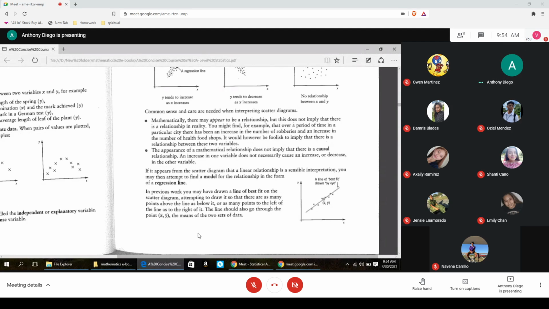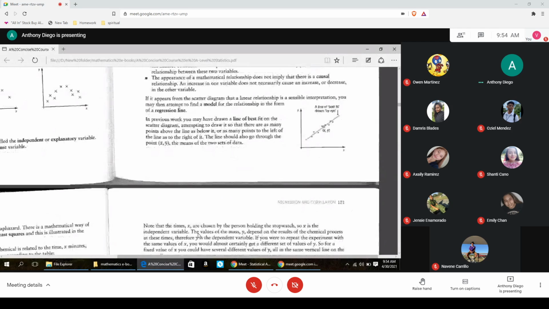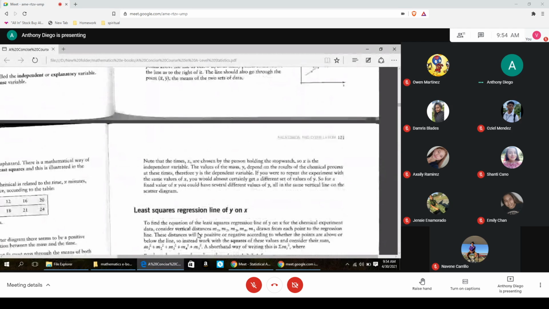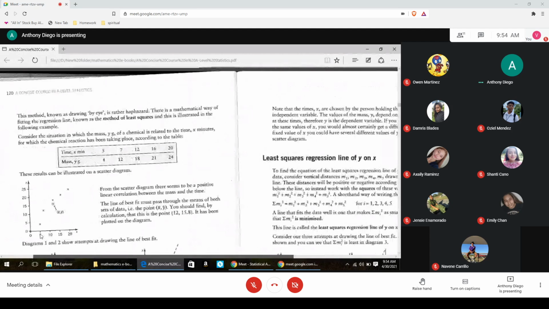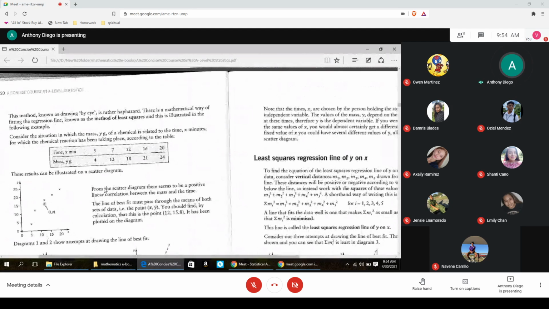Okay, so if you look here, the line of best fit is the method that we use drawing with our eyes.